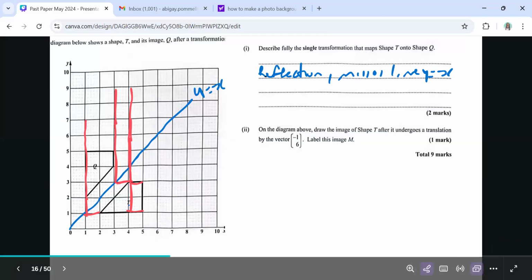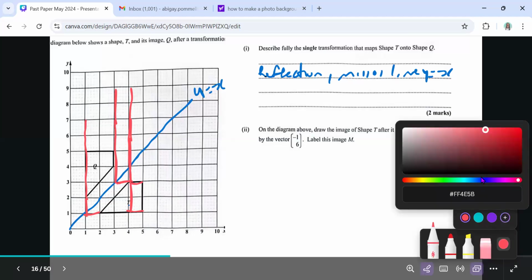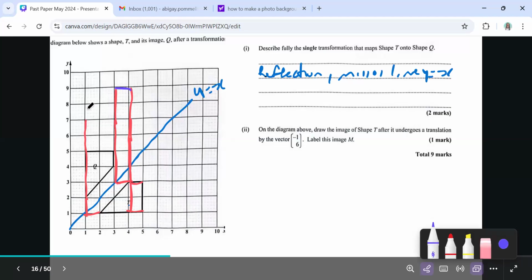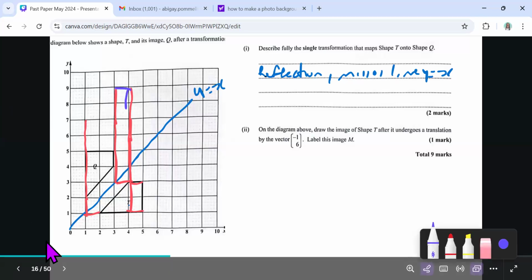All right, so let me use a different color to draw my image. So across this way. Oh, give me a moment. Let me see if I can use a ruler.